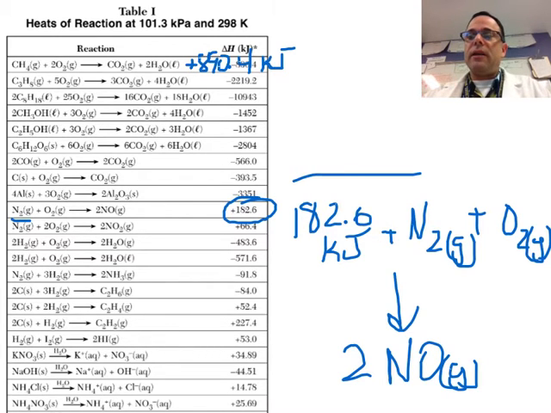And this depicts that it is an endothermic reaction because the energy is on the reactant side. So keep Table I in mind when it comes to endothermic and exothermic questions.